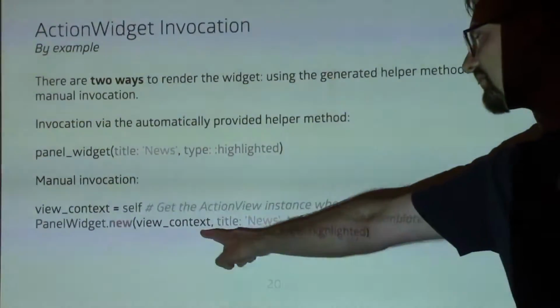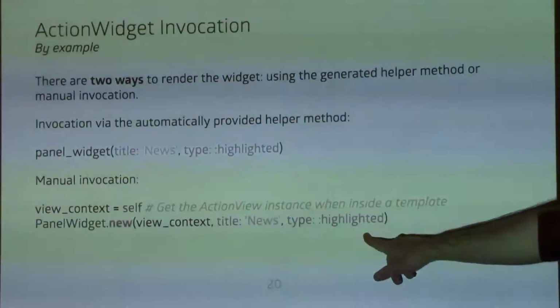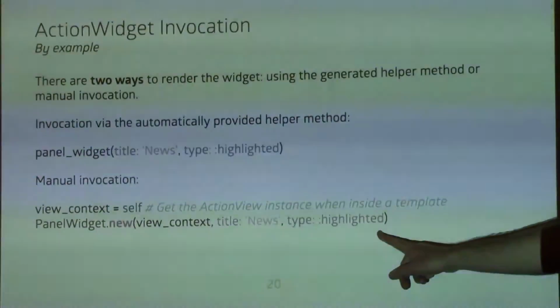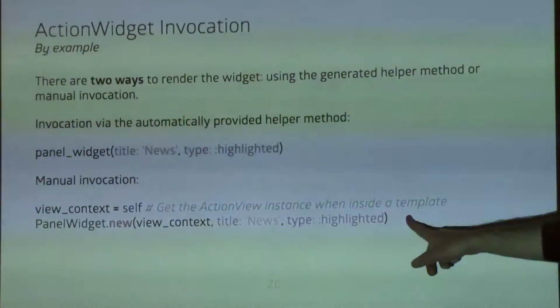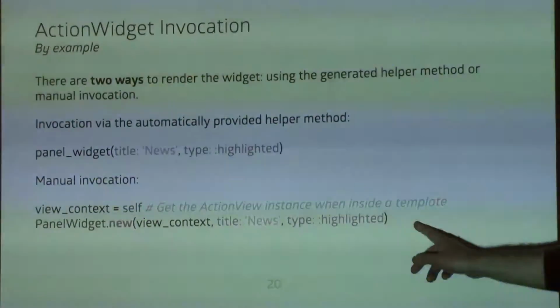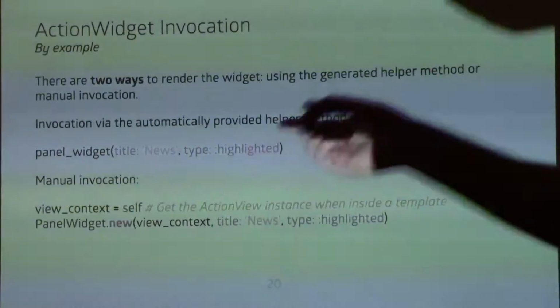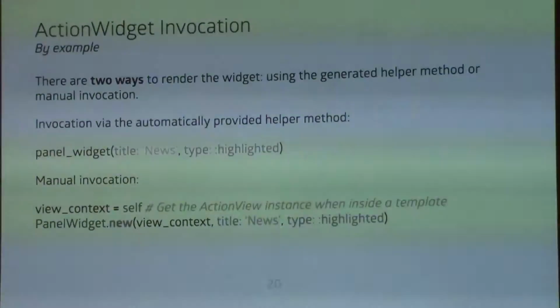And then you pass on the view context as the first argument, followed by the values for your properties. And then you would call render on this and would get back your HTML. So the helper method is essentially just for your convenience and to make the interface essentially the same as Arrays helper.